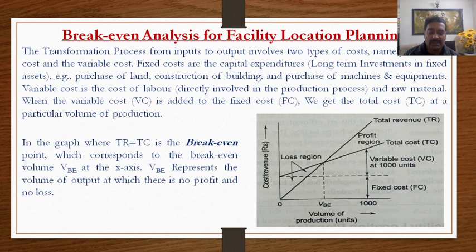As you can see here, VBE on the x-axis, which is horizontal, is just below the intersection point of the total revenue graph and the total cost graph. So the intersection of these two lines is considered the break even point.